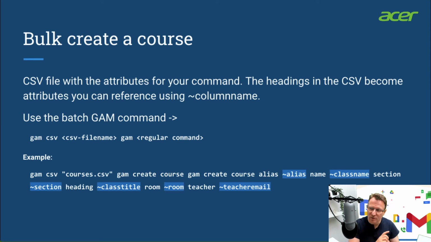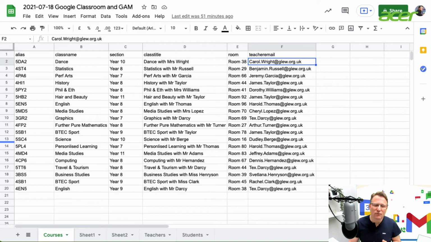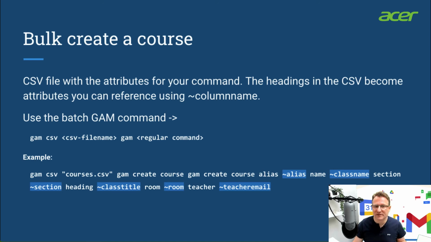For every row of data you've got in the CSV file, that GAM command will be executed. So in this case, for every row of data on my CSV file, I'm going to get a classroom course created. So that's what I'm going to get, which is fantastic. So I'll be able to run this particular command and create all of those classrooms. So let's go ahead and do that.